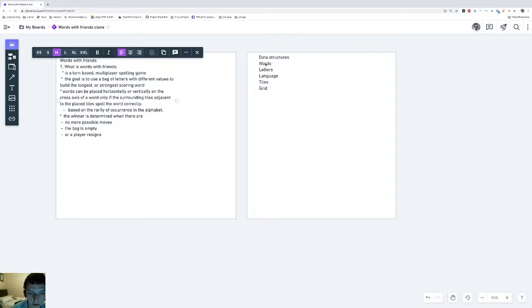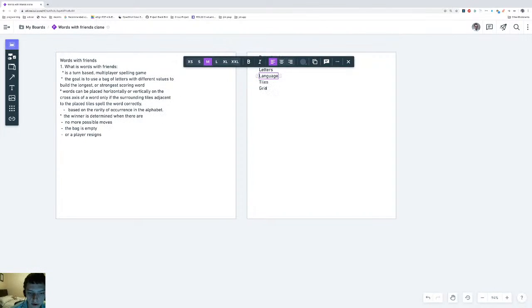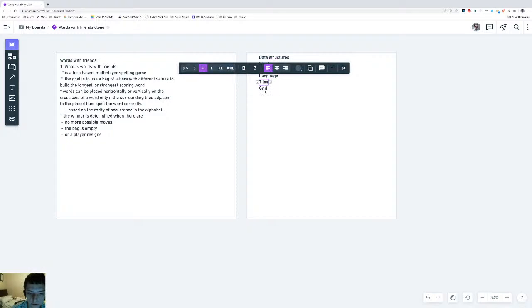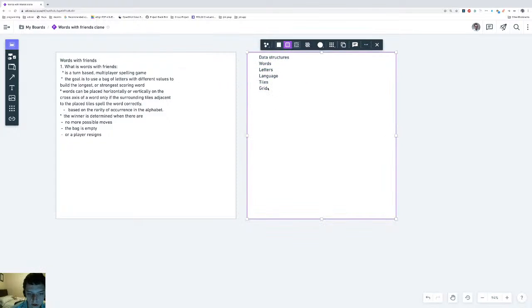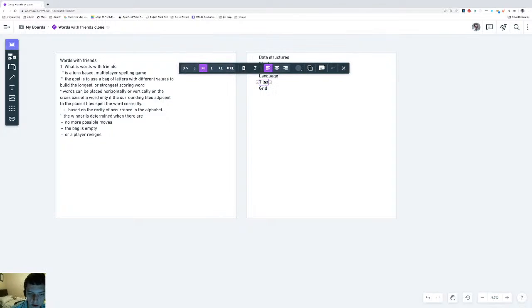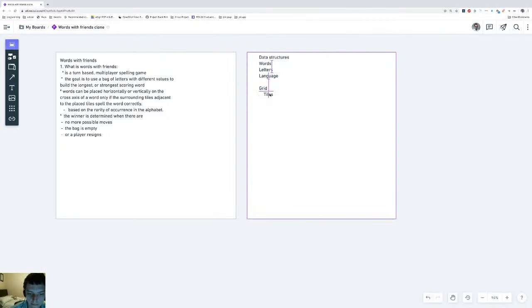So: words, letters, language, tiles, grid. Essentially here we have a grid of tiles.